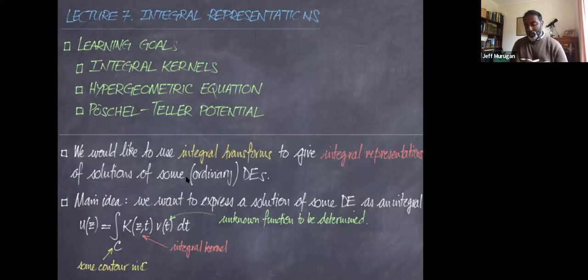If we're lucky and we choose the kernel appropriately, then we can convert the differential equation in u to an algebraic equation in v. And if we can do that, then we solve this algebraic equation, plug it back in here, and we have an expression for u of z. Is my method clear?